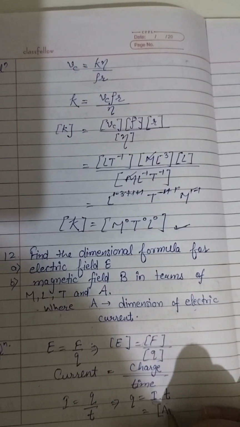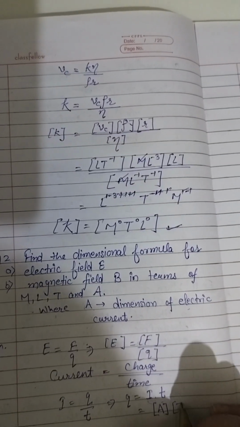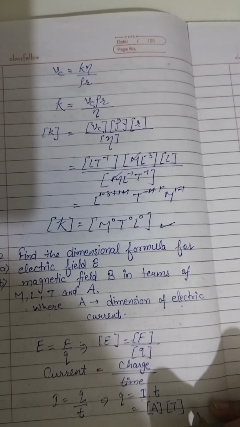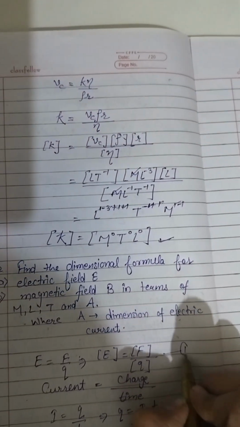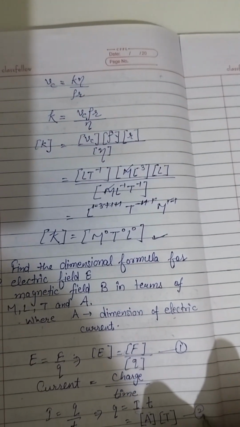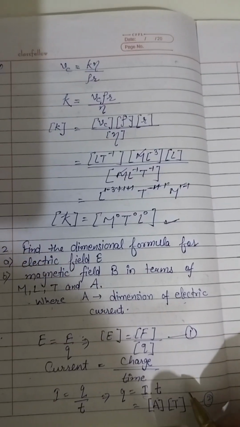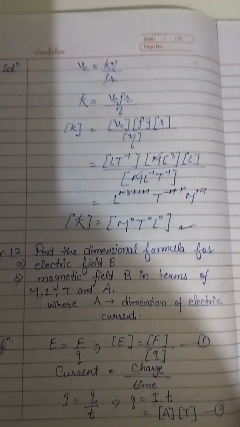So here we write A, and T is capital T. So here we put this value in equation number 1.